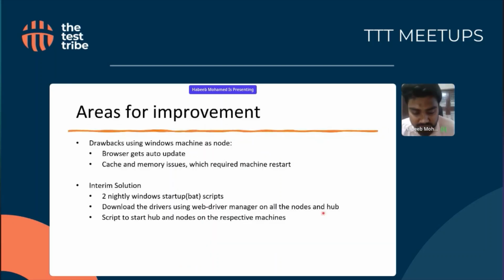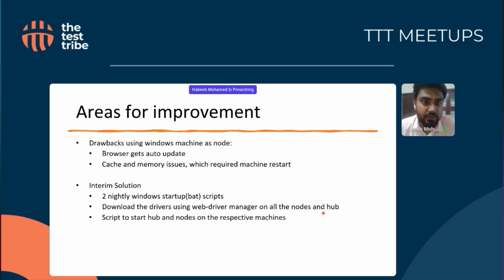Yeah, but still, is it a good enough solution? Not really, because of the machines we use. They are Windows machines, and as we all know, Windows machines have their own advantages and disadvantages. For our automation, what we face is with the browsers. On the Windows machines, whenever we open a browser for automation or for debugging, it was getting auto-updated, and because of that the drivers we used to connect the hub and node were getting old.